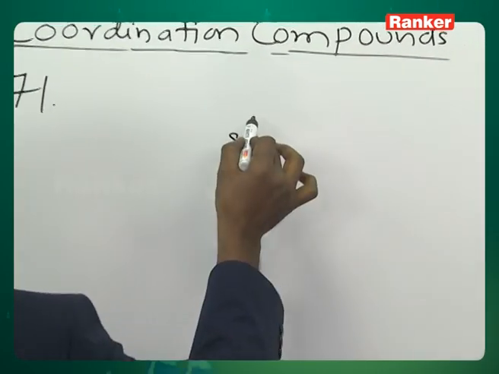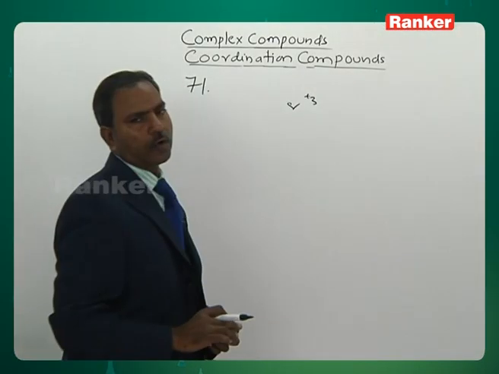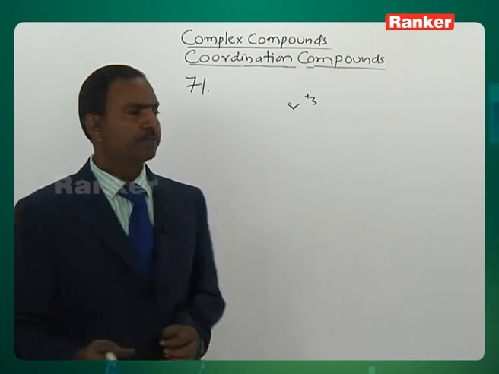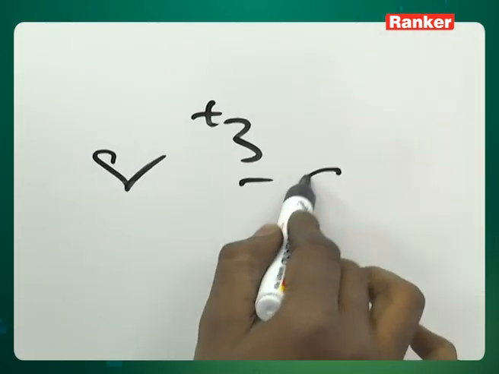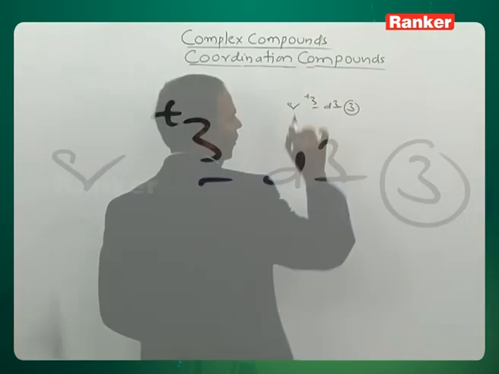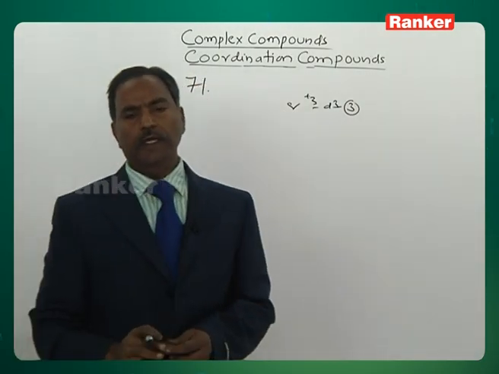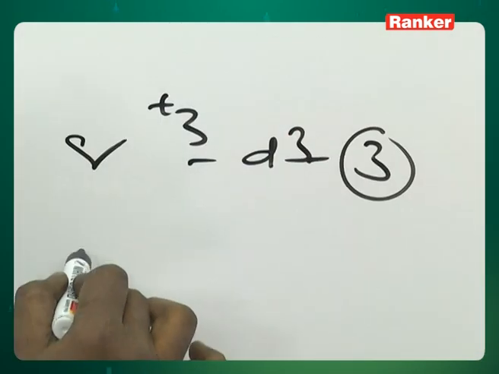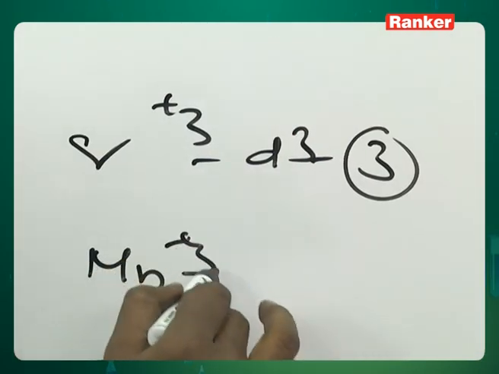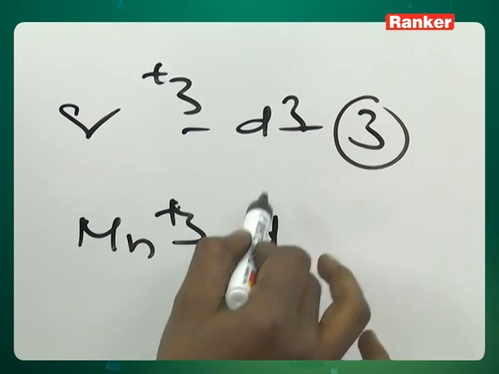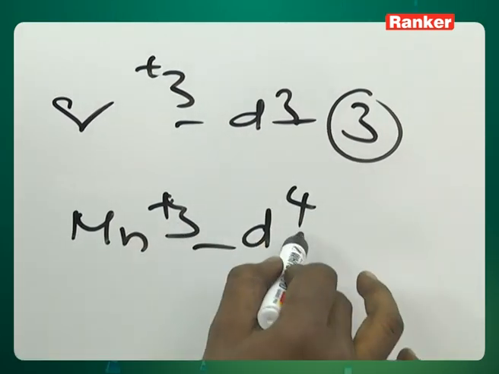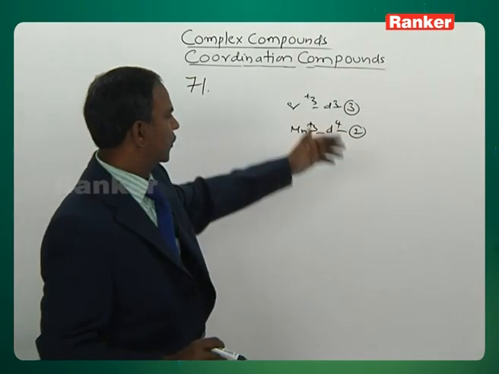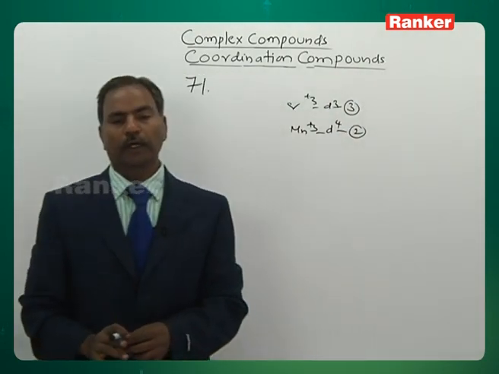Chromium chromium +3, cyano complex. Chromium +3 means d3. D3 means 3 unpaired electrons. First one. Option B. [Mn(CN)6]3-. Mn +3 means d4 remaining. D4 with strong field, therefore 2 unpaired electrons. First one 3 unpaired electrons, second one 2 unpaired electrons.